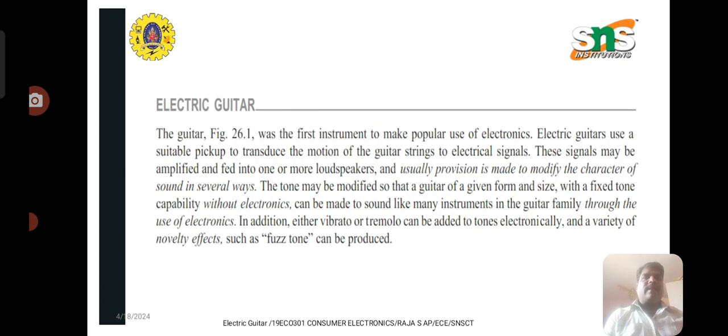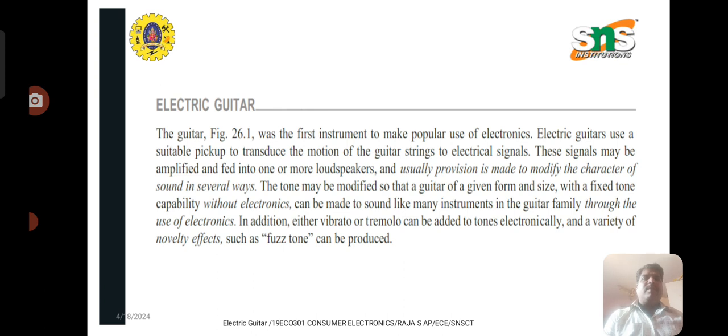The guitar was the first instrument to make popular use of electronics. An electric guitar uses a suitable pickup to transduce the motion of the guitar strings into an electrical signal. These signals may be amplified and fed into one or more loudspeakers, and usually provision is made to modify the character of the sound in several ways.